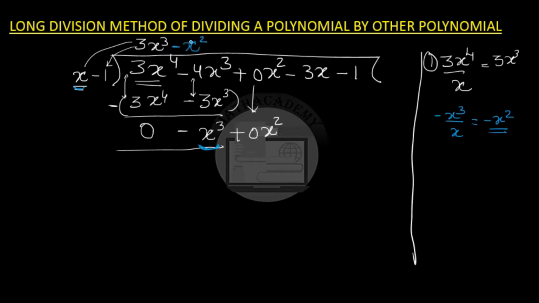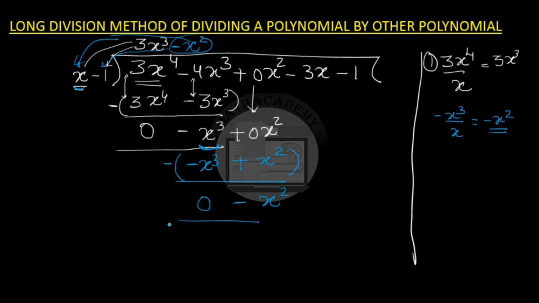And now we have to multiply negative x square by x. This gives you a negative x cube, and negative x square into negative 1 gives you a positive x square, and we have to subtract it. Once we subtract, negative x cube minus negative x cube gives you 0, and 0x square minus x square gives you negative x square.